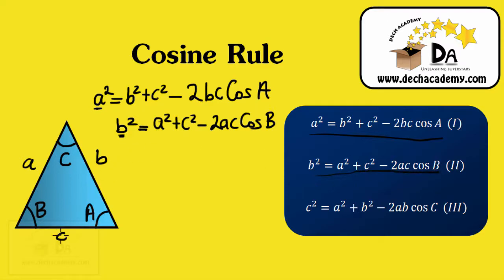And finally, it tells you that c squared is equal to a squared plus b squared, as you know, a and b are the other sides because we're focusing on the side of length c, minus 2ab, a times b, times the cosine of the angle opposite this side, which is C. And that's the equation here.